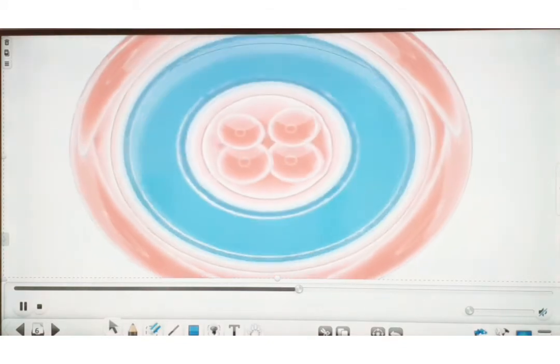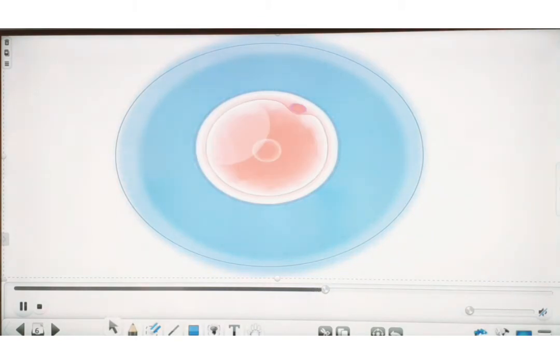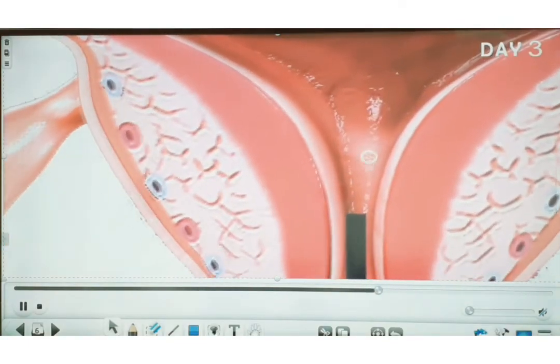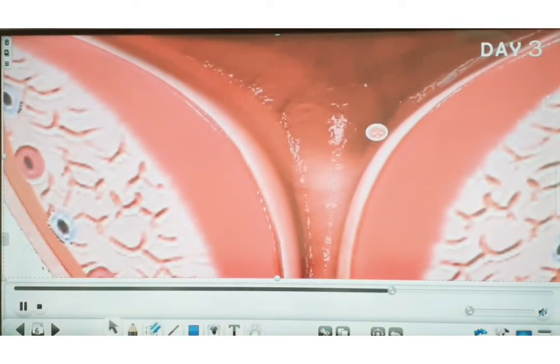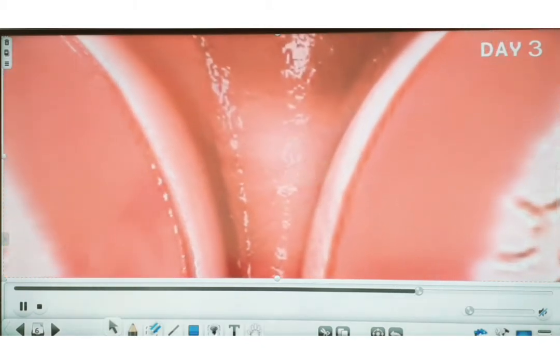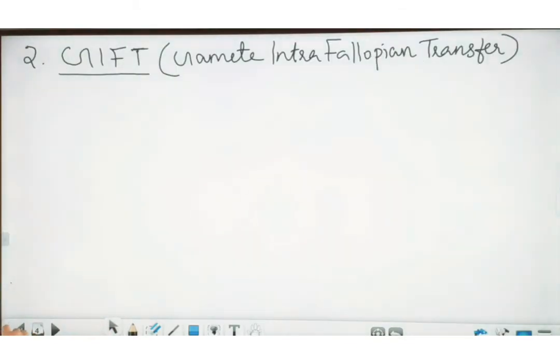So zygote will be formed. And when the zygote attains 8 blastomere stage or more than 8 blastomere stage, it can be directly deposited into the fallopian tube or inside the uterus. After the deposition, it can normally grow and develop into fetus and then into baby. Okay. Is it clear?